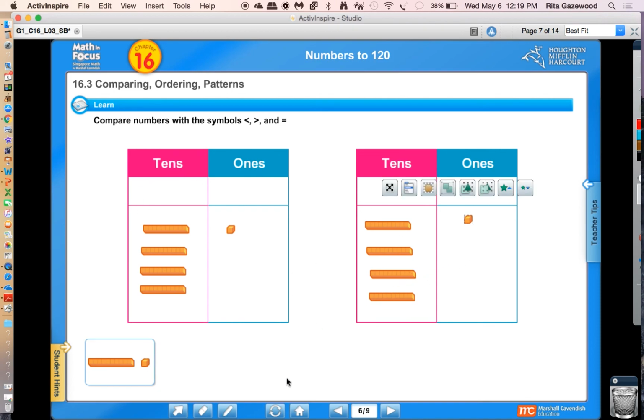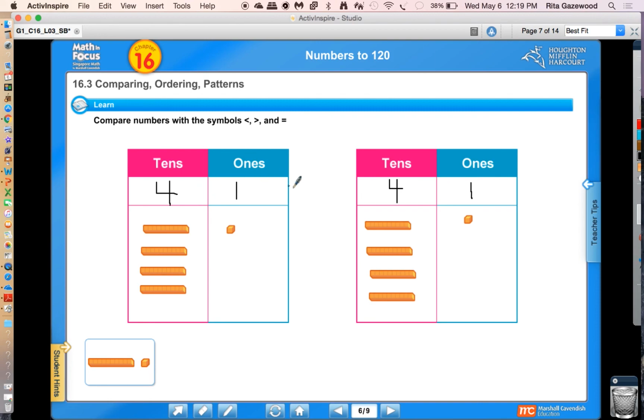So what number do I have here? How many tens do I have? That's right, I have 4. And how many ones do I have? 1. How many tens do I have here? That's right, 4. And how many ones? Right.